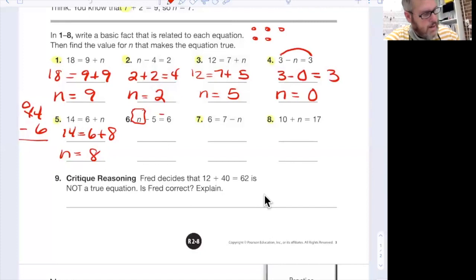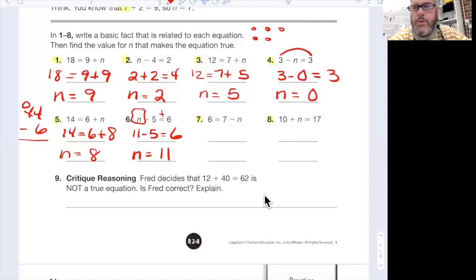I'm going to try adding these two together and see if that helps me. 6 plus 5 equals 11. Let's try it. 11 minus 5 equals 6. 11 was right. Good job. n equals 11.